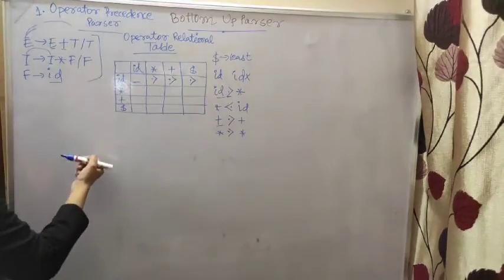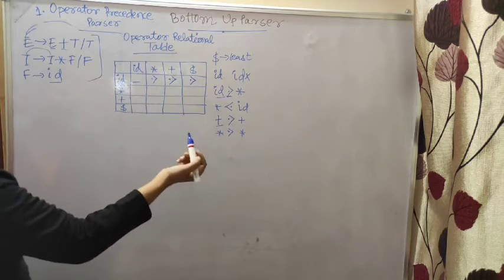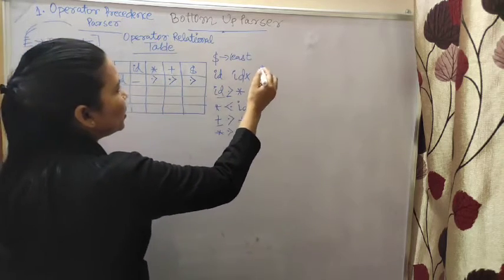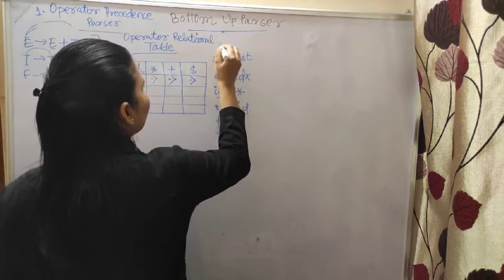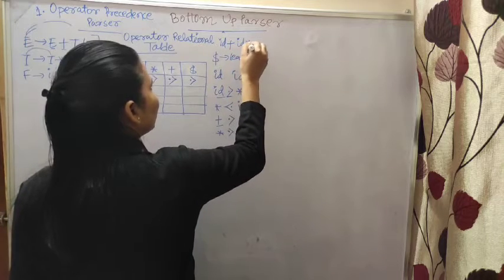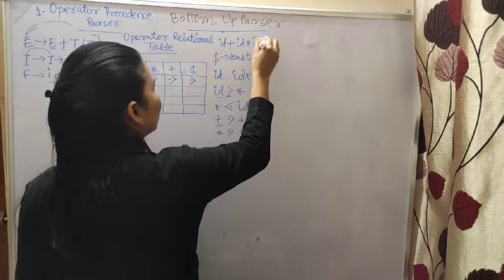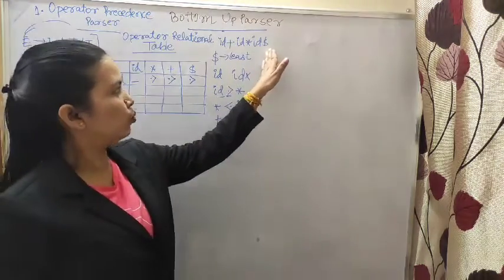Now star and ID, and dollar, because dollar will be in the input. Suppose I am taking the input ID plus ID into ID, and afterwards dollar. Why are we writing dollar in the input?